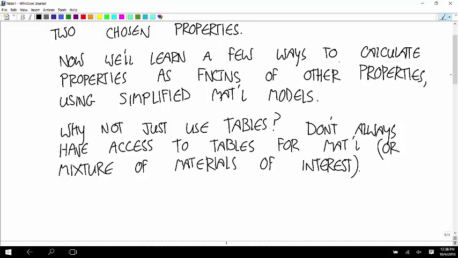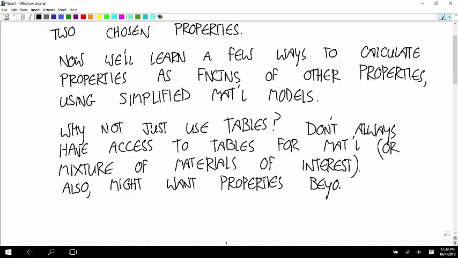Also, sometimes the tables don't go into the range that you want to deal with. You might want properties beyond the ranges given in the tables.